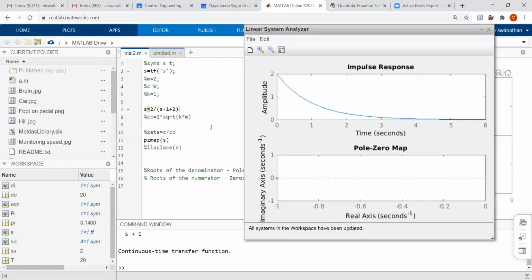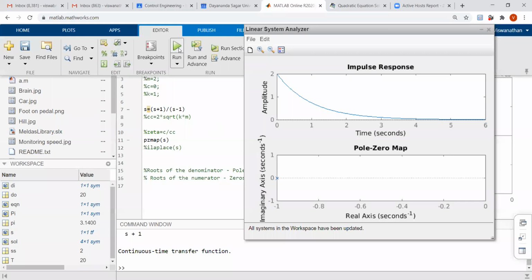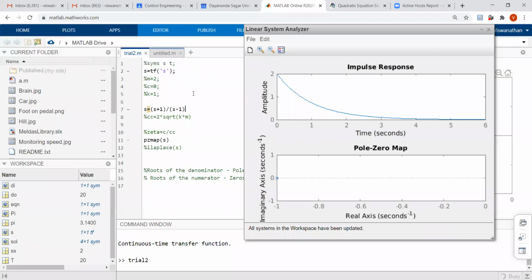Any doubts in this? So suppose if you have, I'll just show you this, s plus 1 in the numerator divided by s minus 1 in the denominator. So you have a 0 now. So what is the value of 0? s plus 1 divided by s minus 1. What is the value of 0?